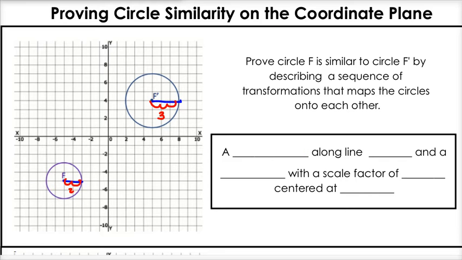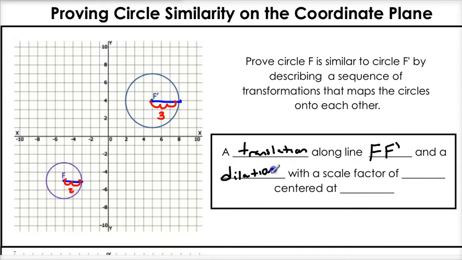All right? Well, now we just have to write out our transformation, our transformation that maps them onto each other. And the first thing, once again, it's always going to be a translation here. So first we're going to do a translation along line F prime, okay? And then we're going to do the dilation.